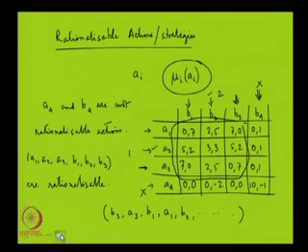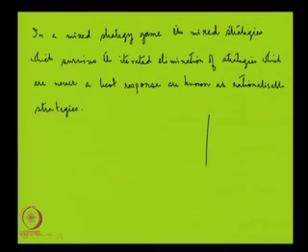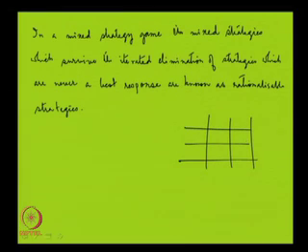For example, to take a simple example, take the case of matching pennies. This was the game, and in this game, by rationalizability, by dominance, we cannot eliminate any of the actions.